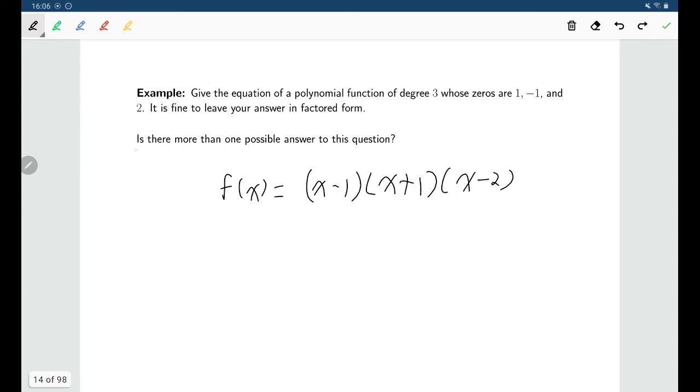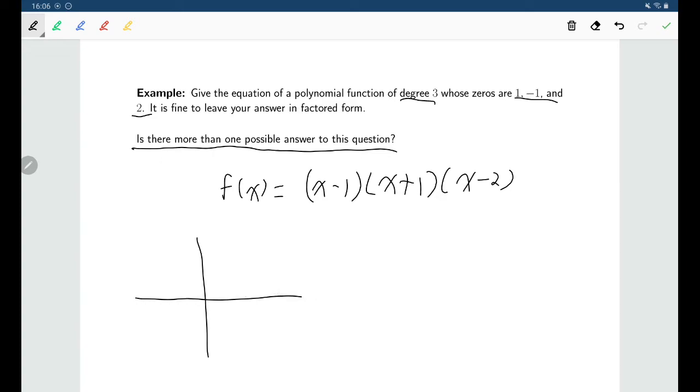Now, the follow-up question for this is: is there more than one possible answer to the question of can you come up with a polynomial of degree 3 with these particular zeros? If you're thinking about it for a minute, even about what we just did in the graphing in the previous video, we know that vertical stretches don't change the location of an x-intercept.